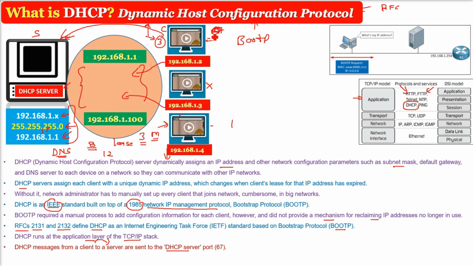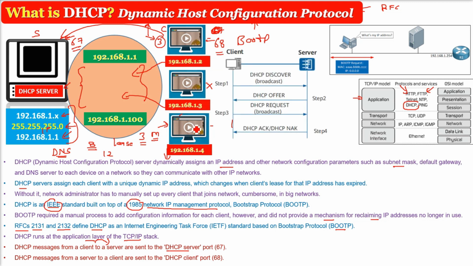So remember, the DHCP server always uses port 67, because DHCP messages from client to server are sent on this port. And DHCP messages from server to client are sent to the DHCP client port, which is 68. This is always asked: DHCP server port 67, DHCP client port 68.